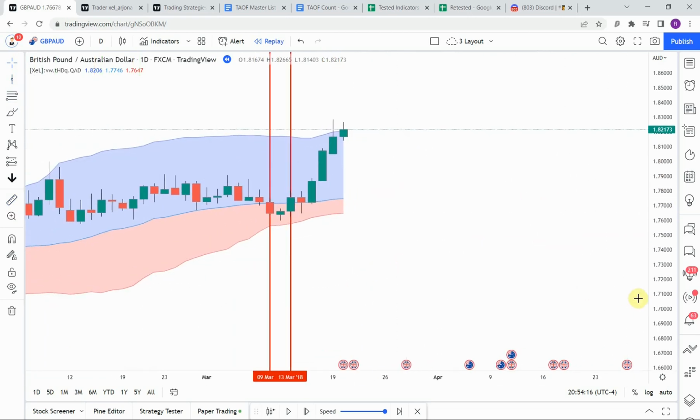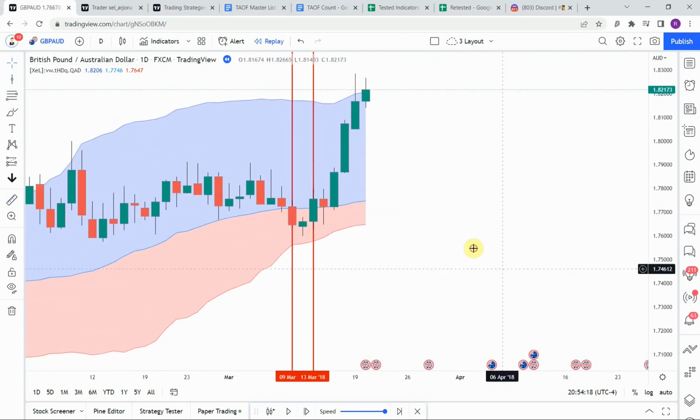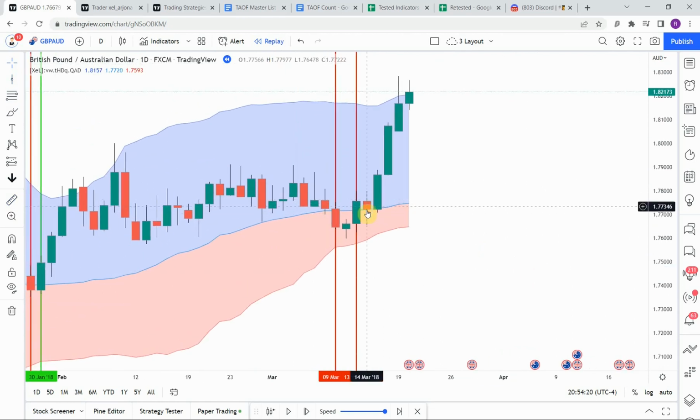We do get this break to the upside, back into the blue area. My question though is whether or not this one right here comes back and closes back into the red zone. Let's see if we can. I'm looking at the coordinates right above where my mouse is.